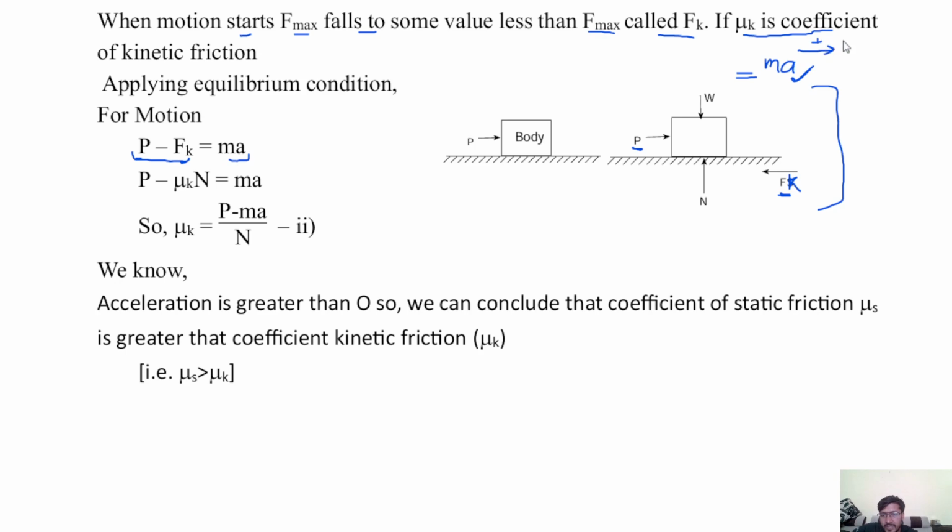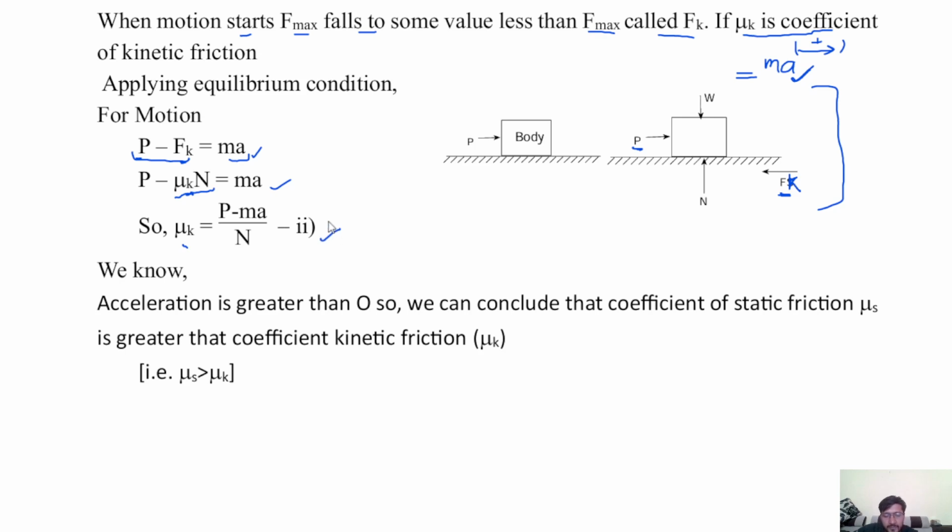So P minus Fk, Fk is equal to mu k into N, is equal to Ma. So mu k is equal to P minus Ma by N.